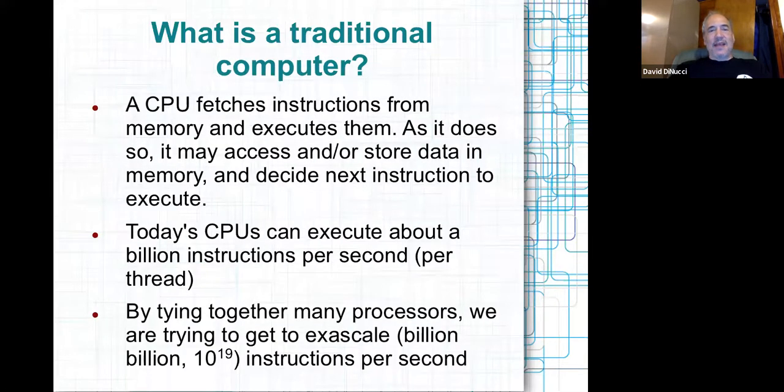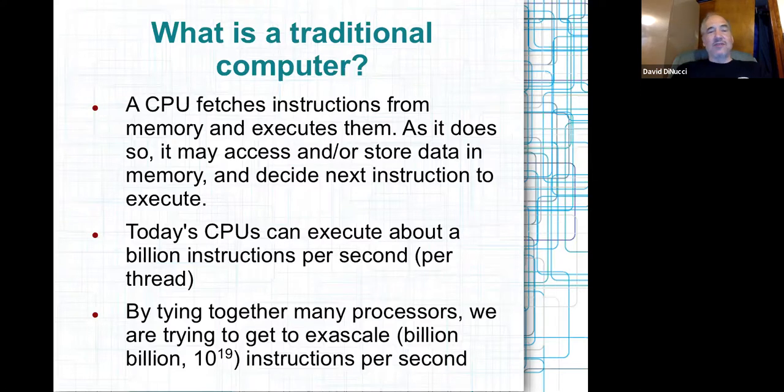And what is a computer? Well, I should say that the first computers were people. There would be big rooms full of people, often women, who would basically compute formulas, often for the military, and they were called computers. Then we started getting electronic digital computers, and in a traditional computer, you've got a CPU, a central processing unit.